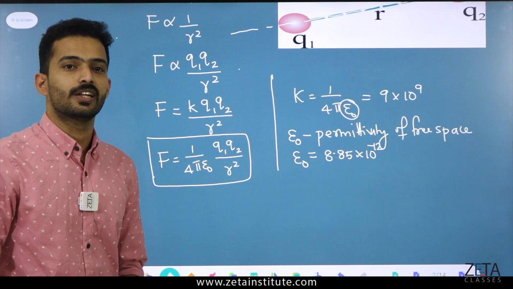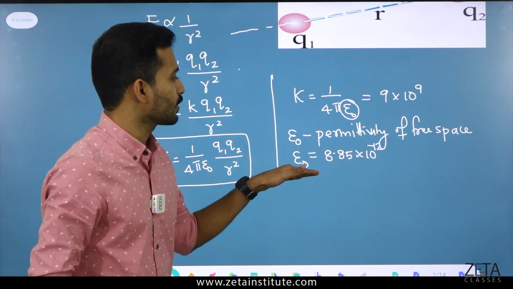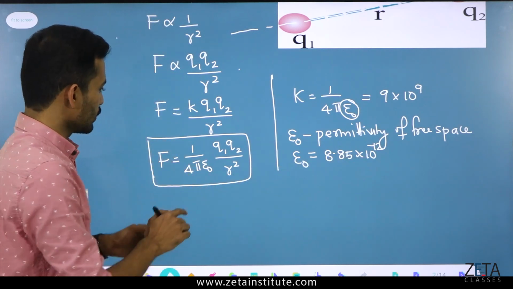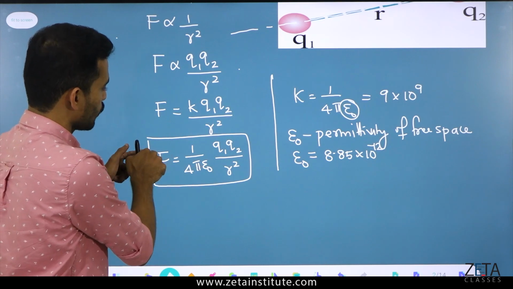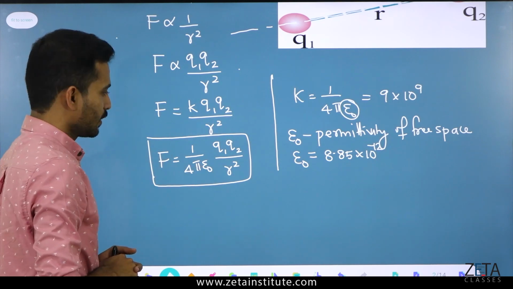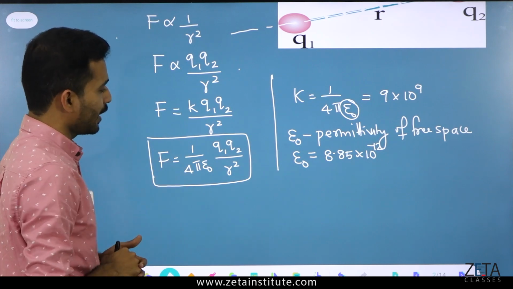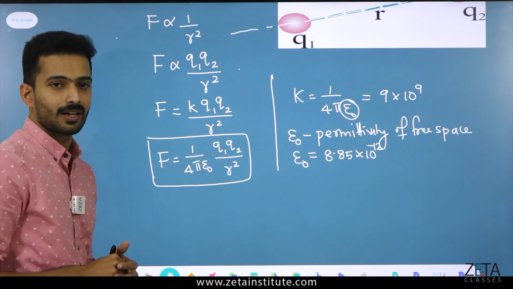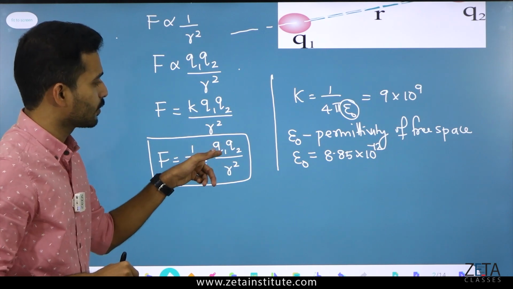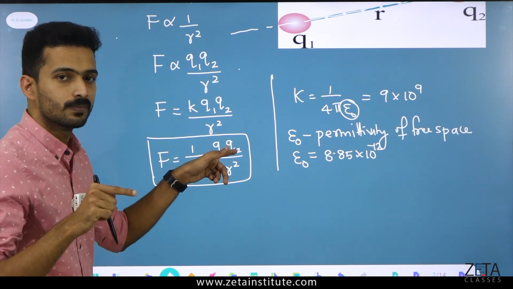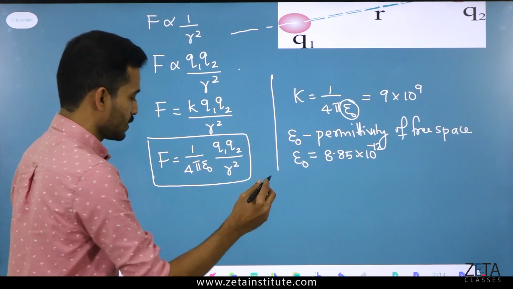From this equation, let us find out the unit for epsilon 0. Taking epsilon 0 to the left side, epsilon 0 is equal to 1 by 4 pi F into q1 q2 by r square. The unit of q is Coulomb, so q1 into q2 is Coulomb square.